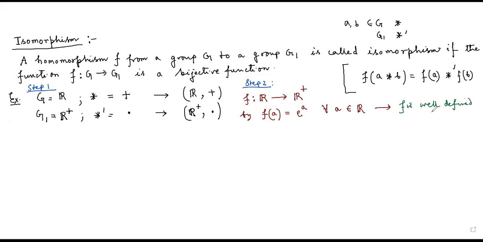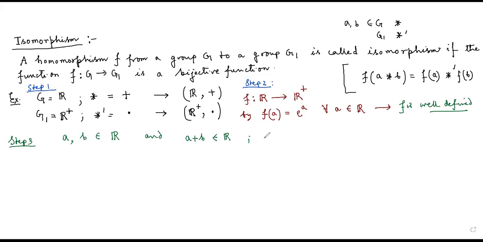Now, once we define a function like that, the homomorphism property, first of all, we are going to check. So in step number 3, we are going to consider two elements A and B from the set of real numbers, and then we combine them together, and we get A plus B, which also belongs to R, because capital R is closed with respect to addition.